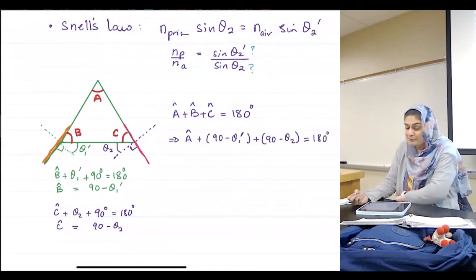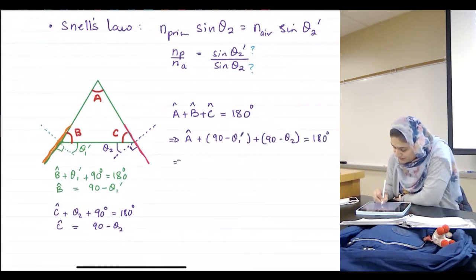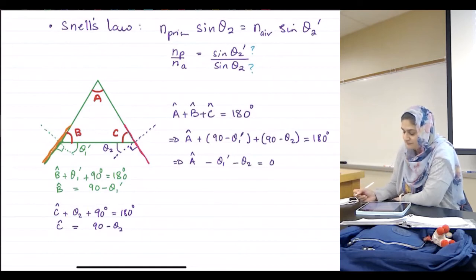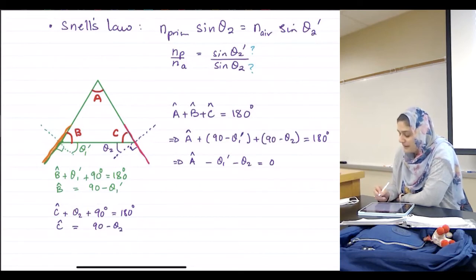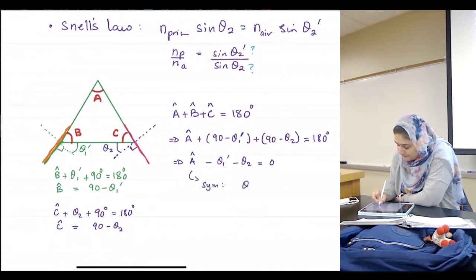And I can simplify it to give me A hat minus theta 1 prime minus theta 2 equal 0. Yeah, there's 90s on both sides. I started by the assumption of symmetry, and I said, symmetry tells me theta 1 prime equals theta 2.